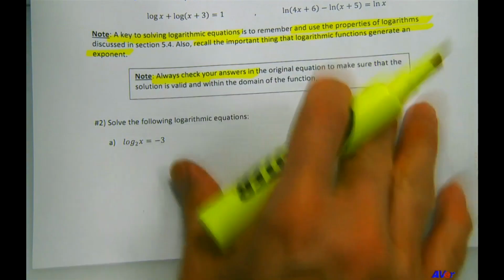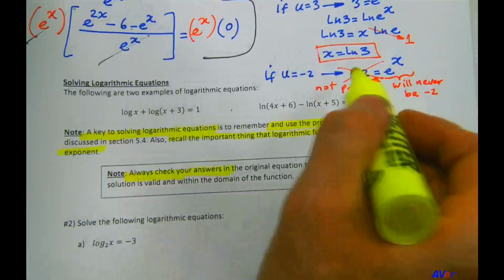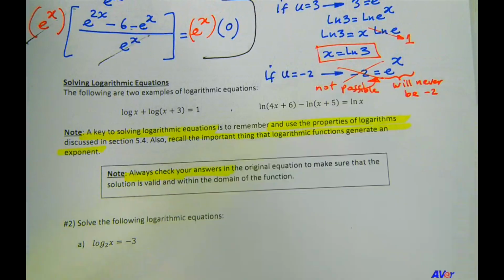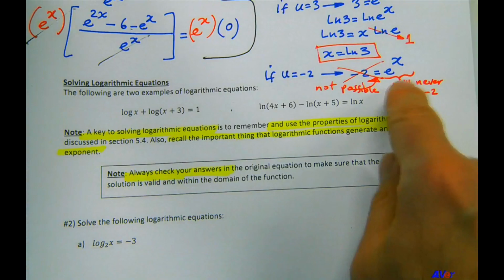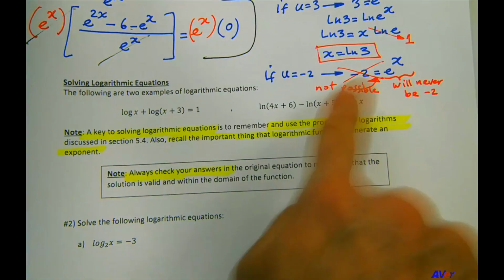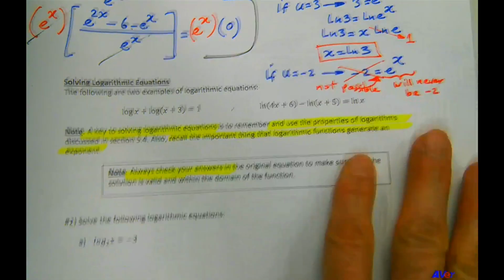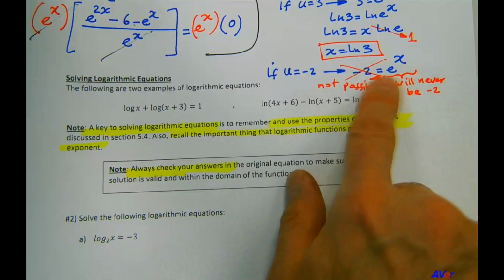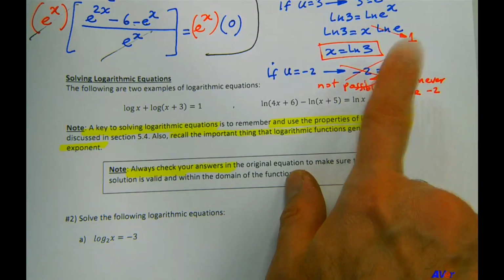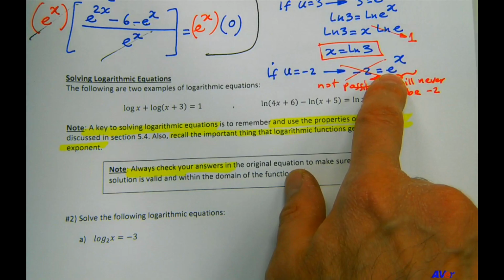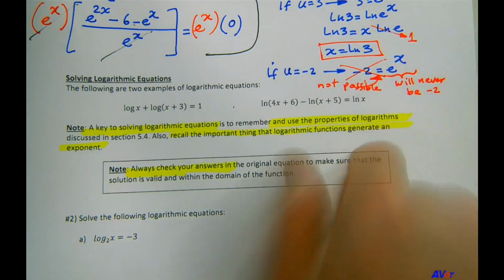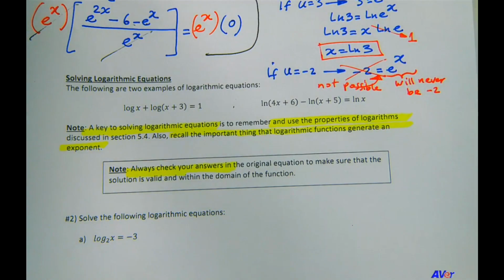Okay? For example, with the exponential function, the last one that we just did, these are rare cases in which we had to pause and say, hey, this doesn't make sense, because this exponential function e to the x will never be any negative number.